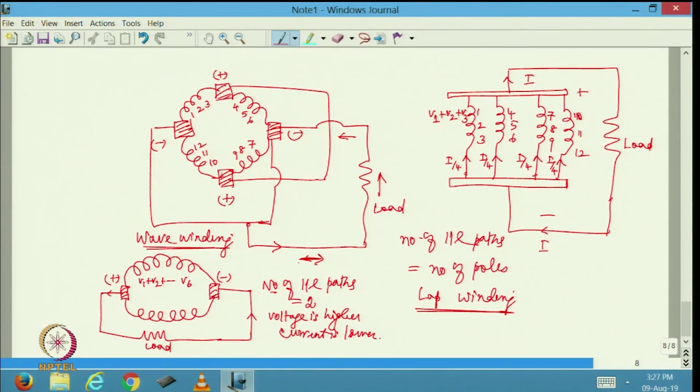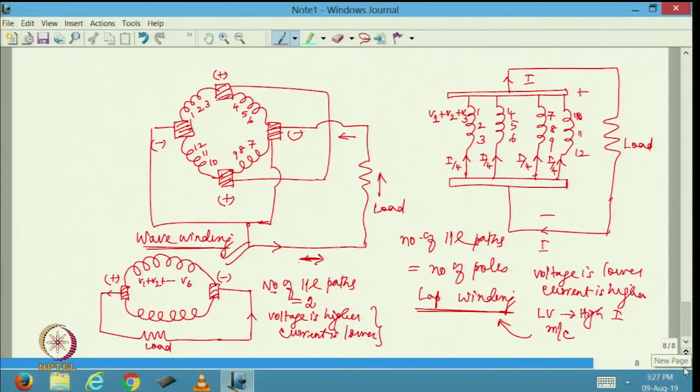In this particular case, the voltage is lower, but the current is going to be higher. So normally for a high voltage low current machine we will use wave winding, whereas for a low voltage high current machine we will use lap winding. Okay? So these are the 2 different types of winding we normally adopt.